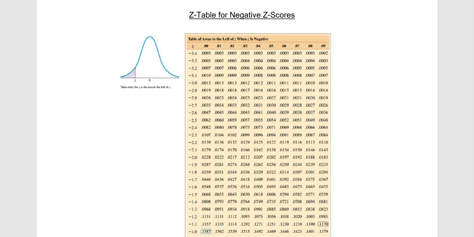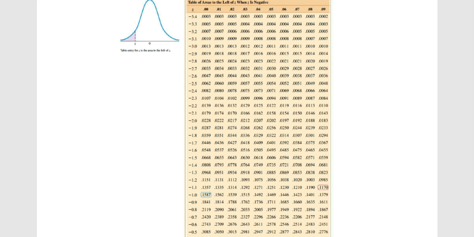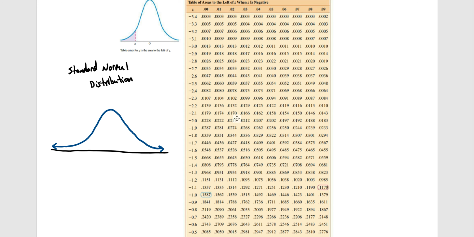Anytime we have a negative z-score, so this is the z-table for negative z-scores, it's going to look something like it does over here on the left. The z-value is going to be to the left of 0. So for the standard normal distribution, I'm going to draw it out over here. This is just going to be a normal distribution, except the mean is going to be 0.